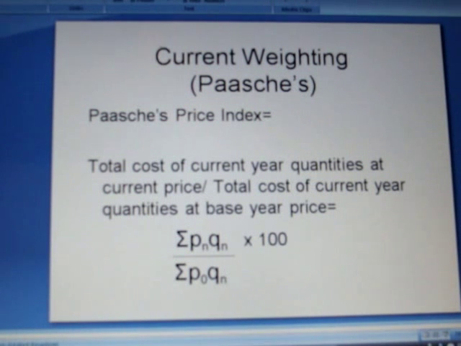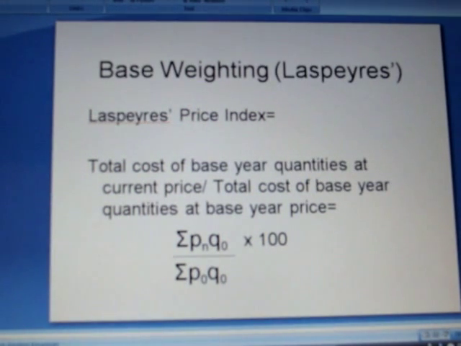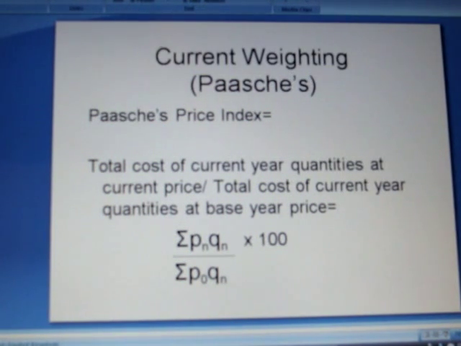So the only difference is while multiplying using the quantities, and if we are using the base year quantities both in numerator and denominator, it is base weighting called Laspeyres price index. And if we are using current year quantities in both denominator and numerator, it is called current weighting or Paasche's index.